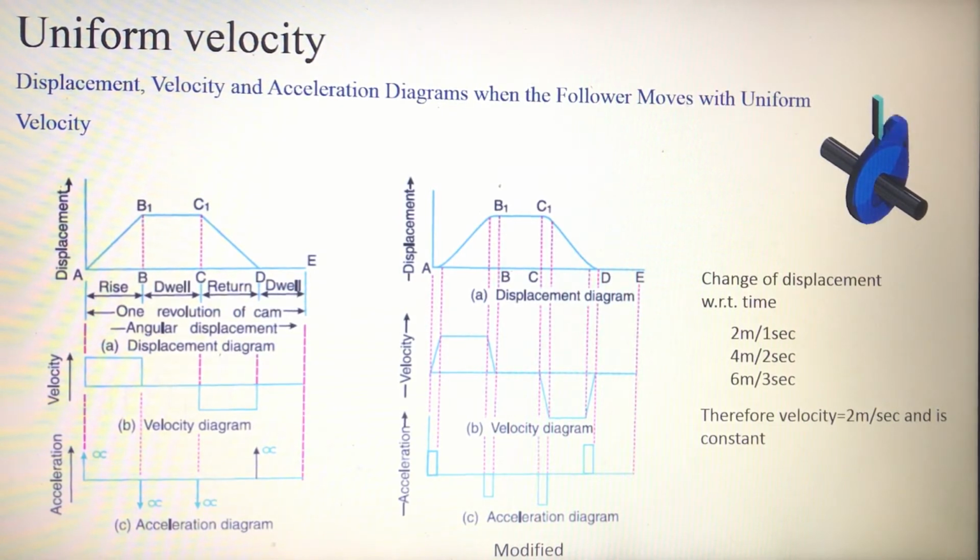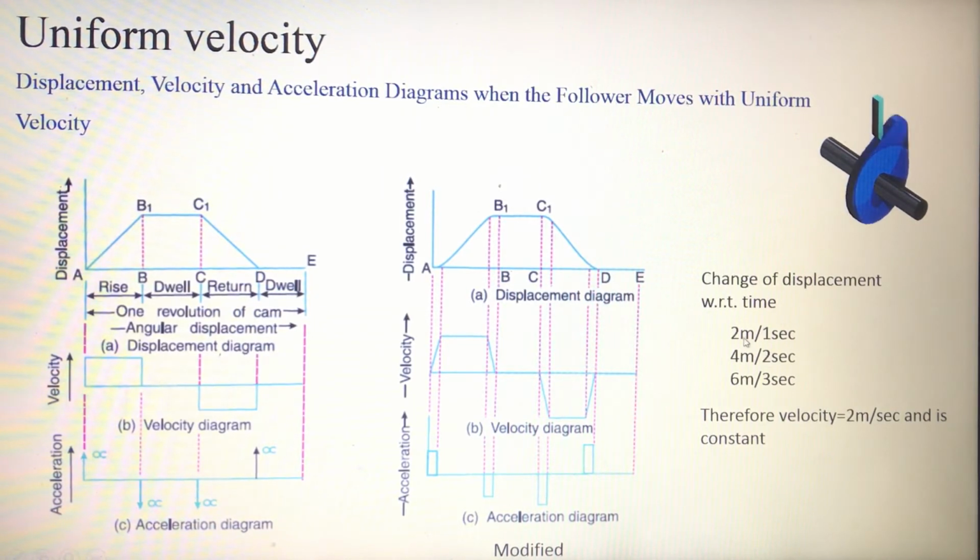Now the displacement is 2 meter per 1 second. For 1 second the displacement of the follower is 2 meter. For 2 seconds it is 4 meter, and after 3 seconds it is raised to 6 meter. That means it is increasing gradually.